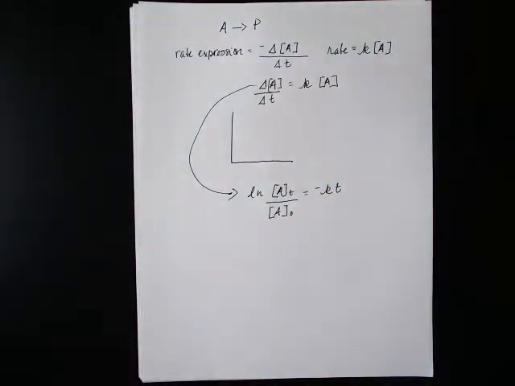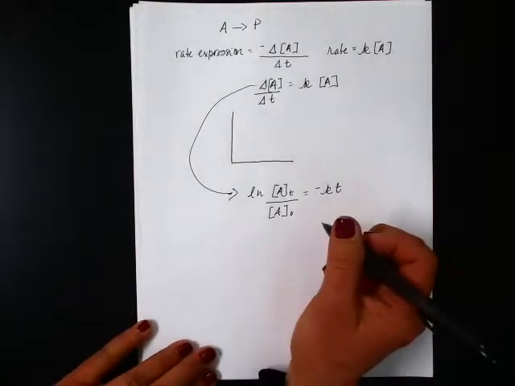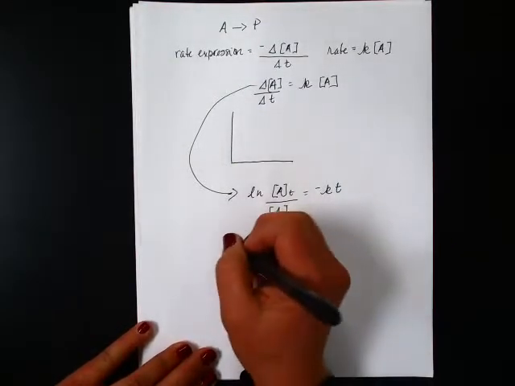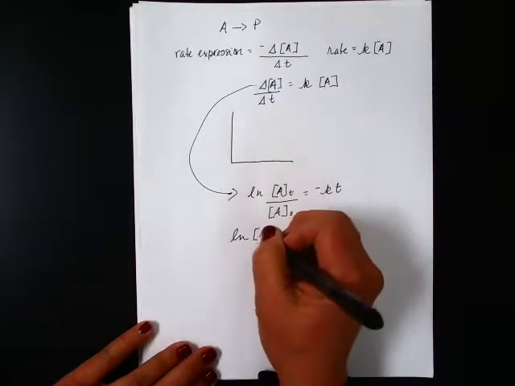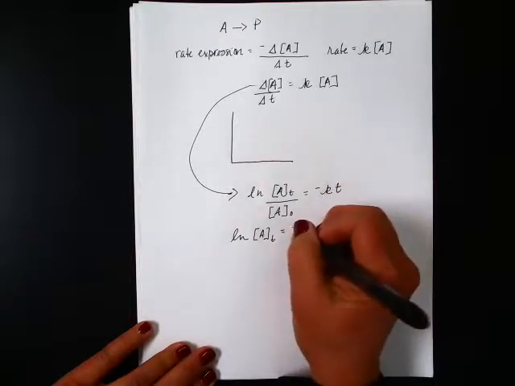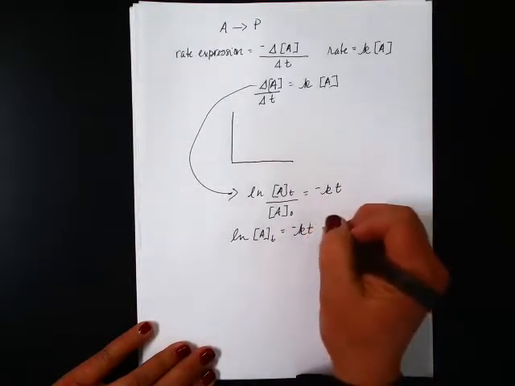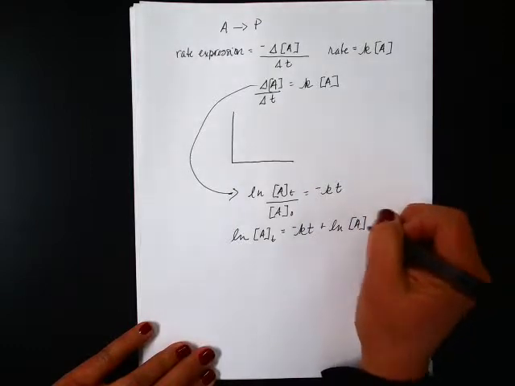And essentially, we can also rearrange, and we can say then that the ln of the concentration of A at time t equals negative kt plus the ln of the concentration of A initial, or A naught.